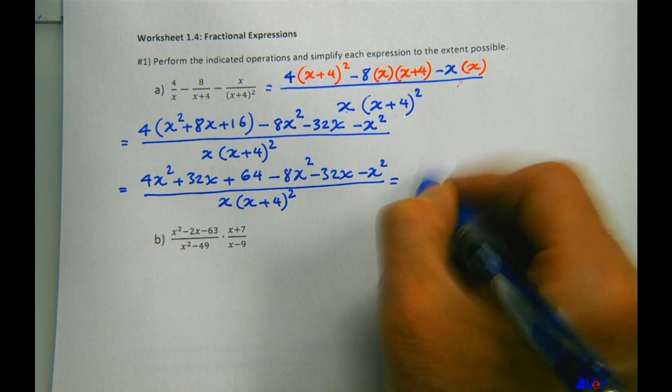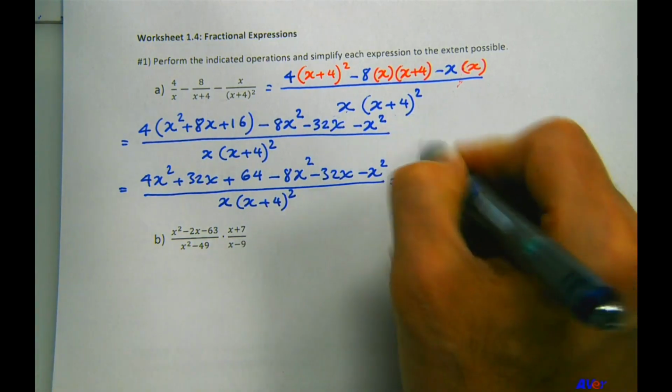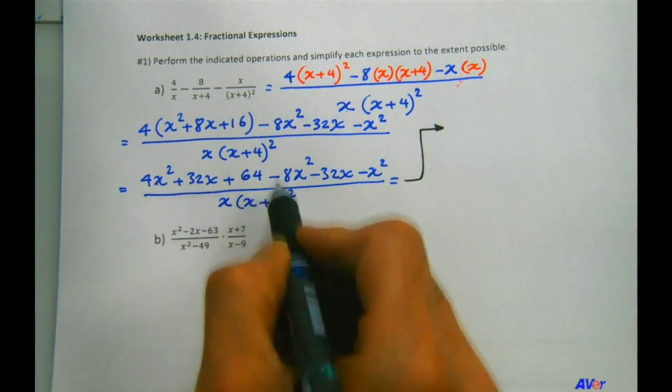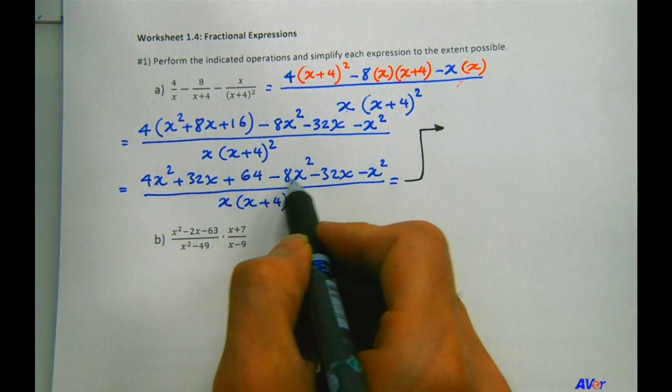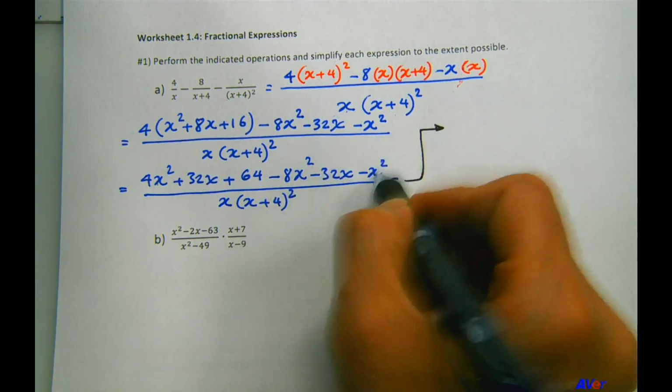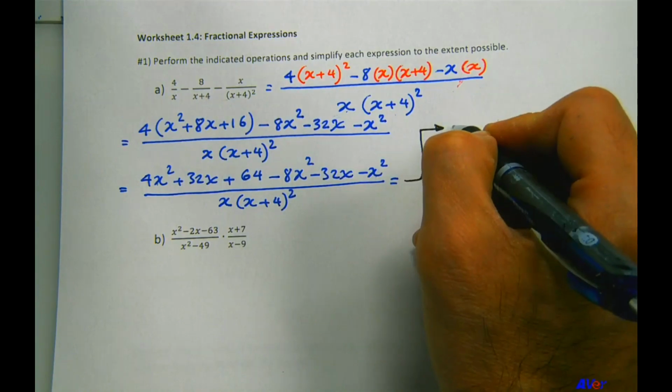So let's simplify this a little more. 4x squared minus 8x squared is minus 4x squared. Minus another x squared, that's minus 5x squared.